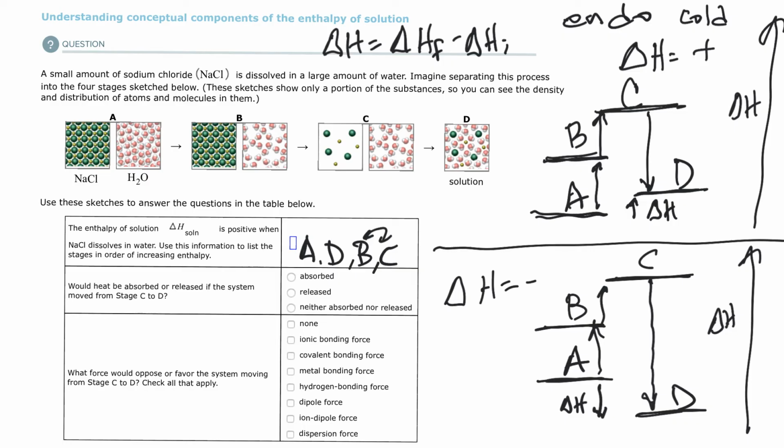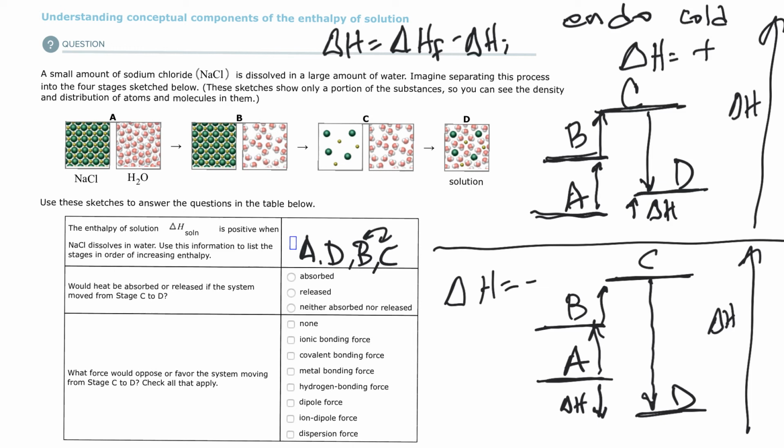So your second question says, would heat be absorbed or released if the system moved from C to D? So C going to D. All I'm doing is letting those little magnets pull the ions. That's free. I'm not working against it. That's their natural pull, their natural tendency. I'm not having to make two magnets go together. I don't force a north and a south together.